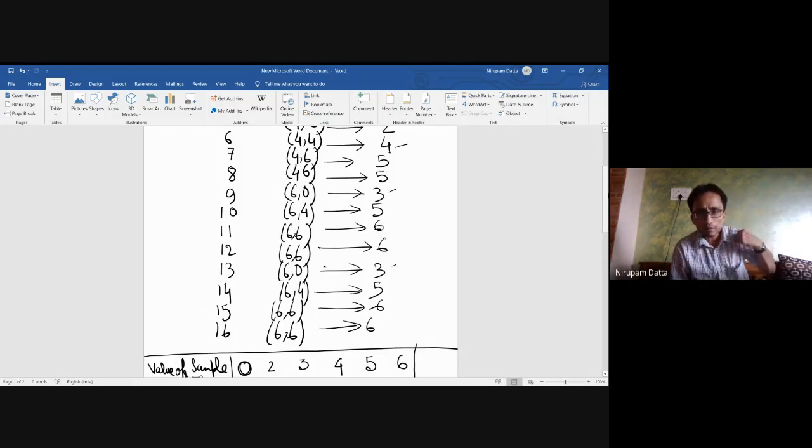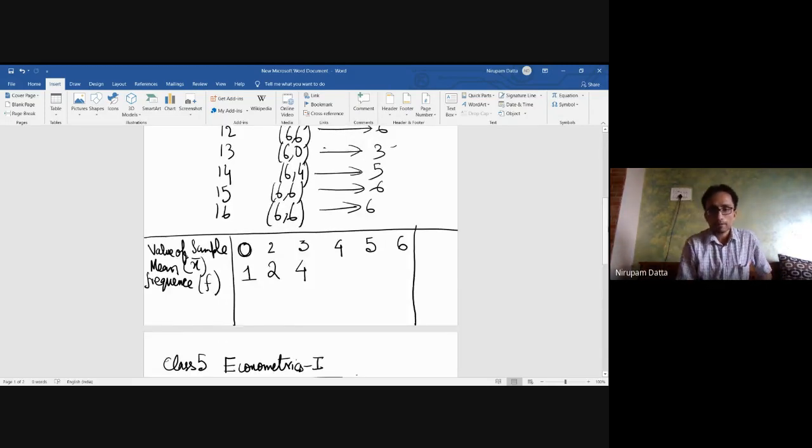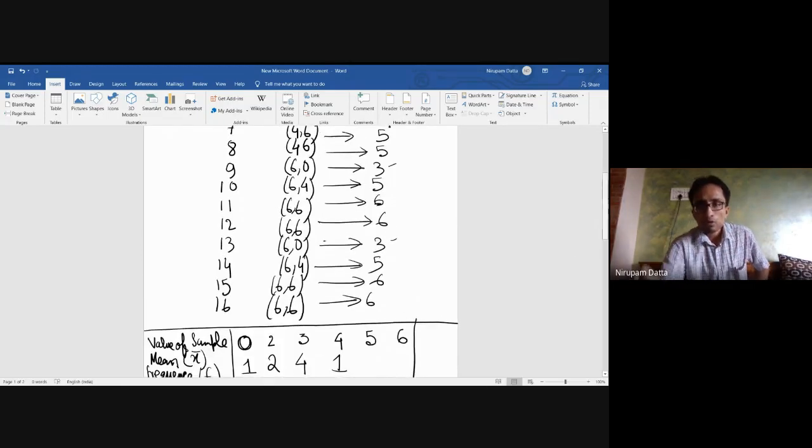Well, 4 is appearing only once. Okay. How many number of times 5 is appearing? Let us check. So 5 is appearing 1, 2, 3, 4. So 6 is also appearing 1, 2, 3, 4.